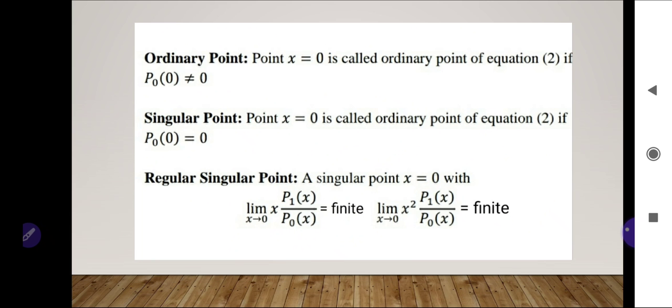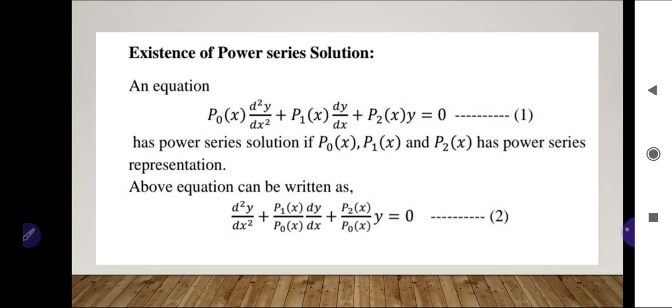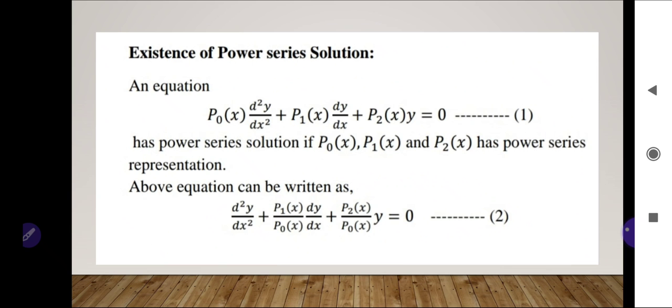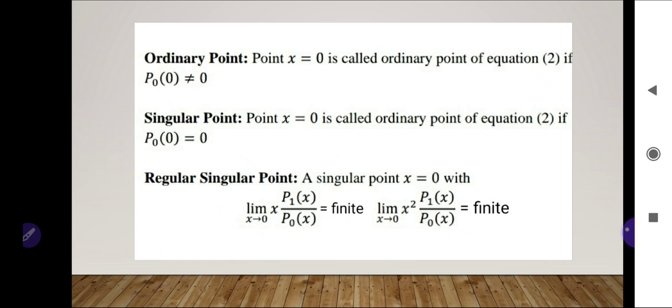So the first definition, the ordinary point. So point x is equals to 0 is called ordinary point of this equation number 2 if the value of p0 of 0 is not equals to 0.